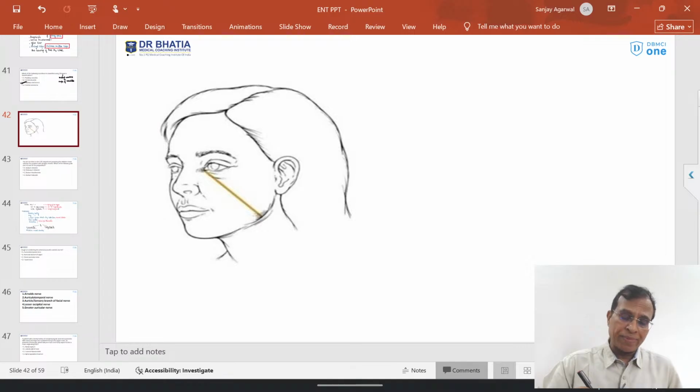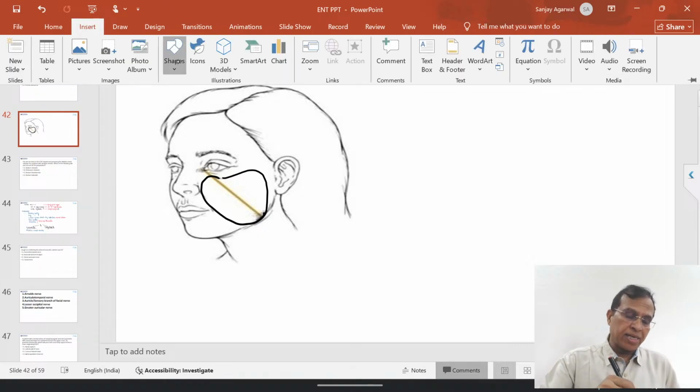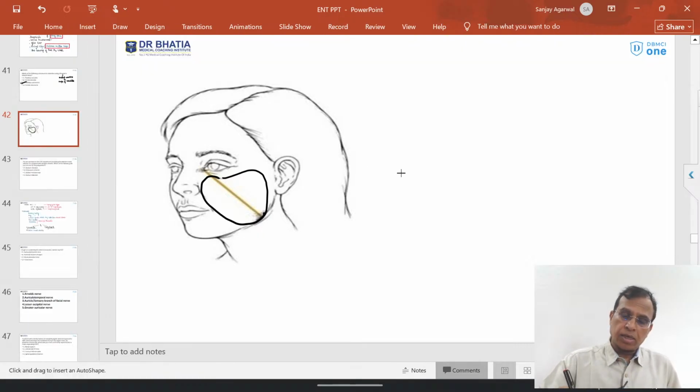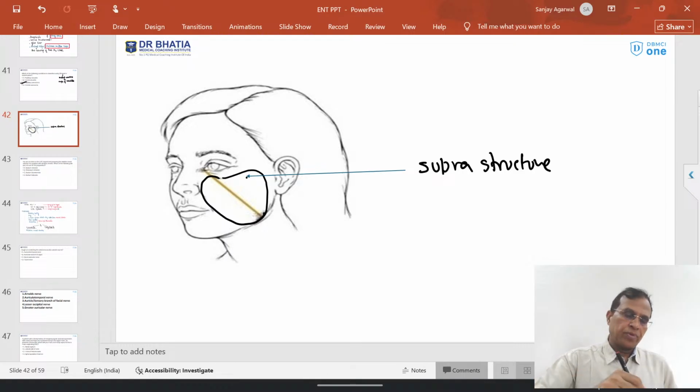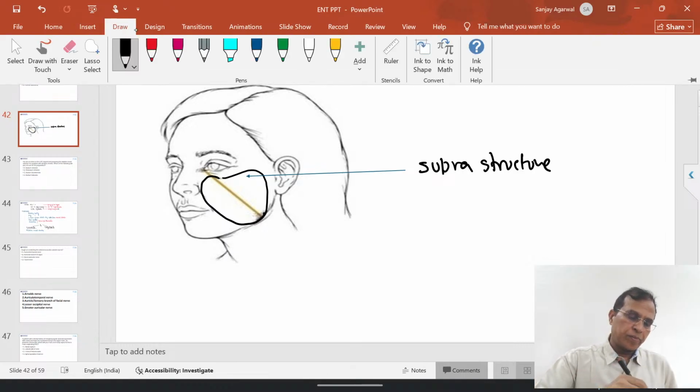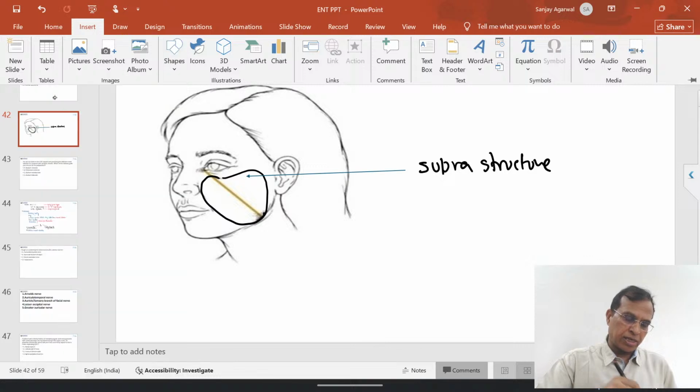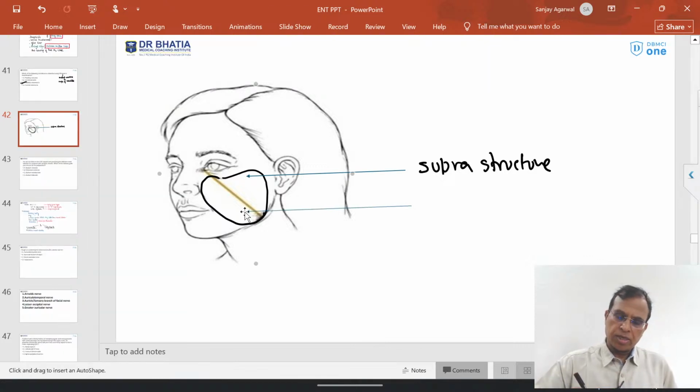In this, if I draw the maxilla, it can be drawn like this. So this line divides the maxilla. Above the line is called the suprastructure of the maxilla, and below the line is the infrastructure of the maxilla. इसको बोलते हैं infrastructure.